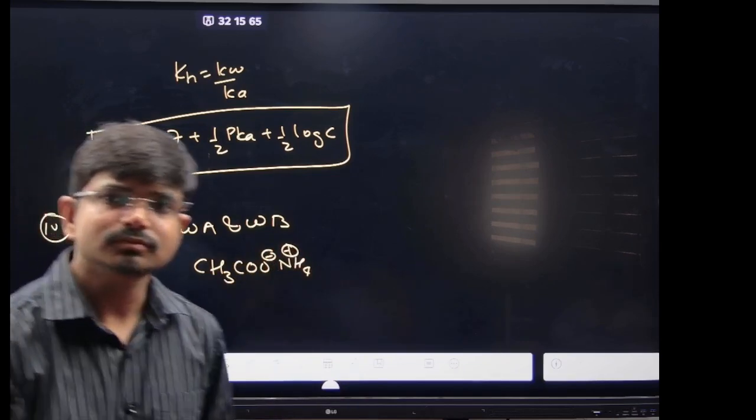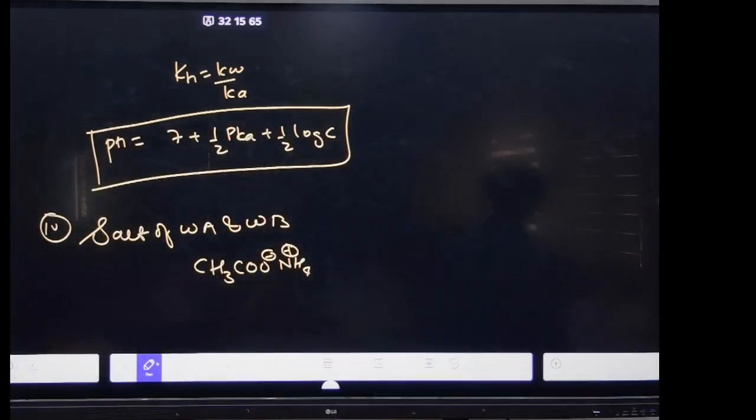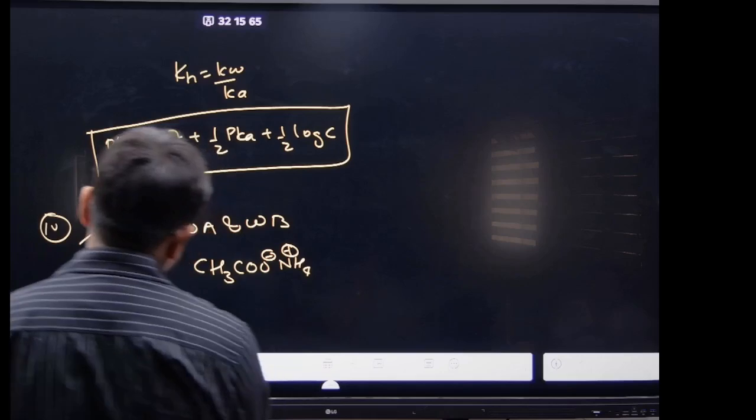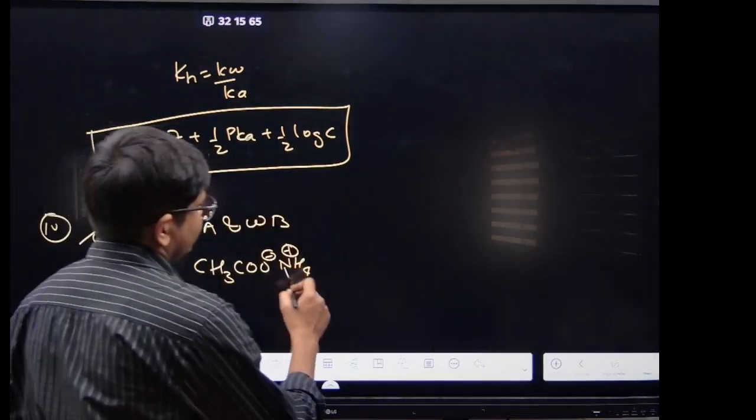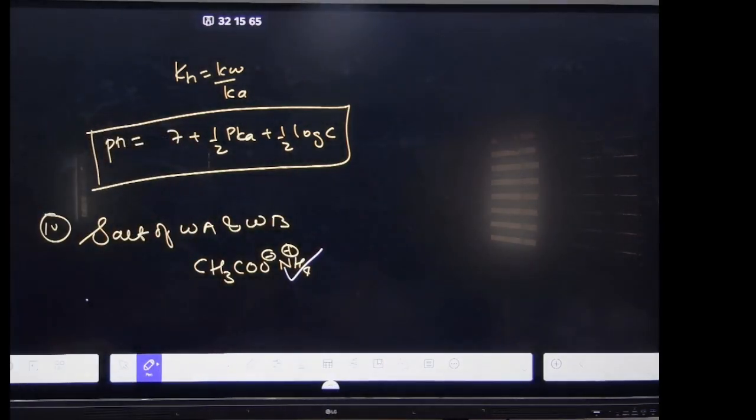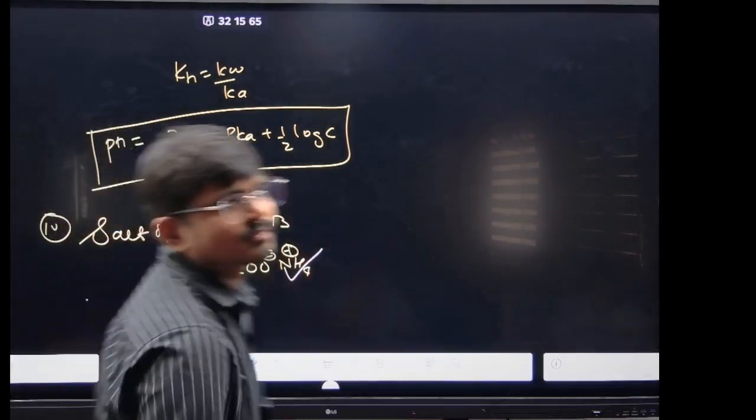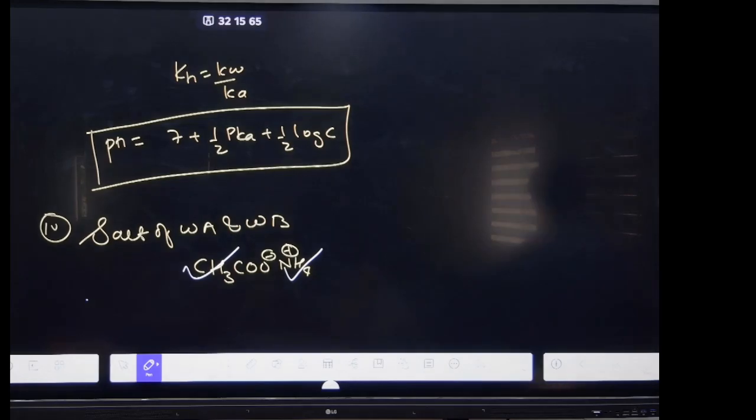Got it? This is the example. See, it is coming from acetic acid plus ammonium hydroxide, and both are क्या? Weak ones. Then in this case, this will also undergo hydrolysis, and this will also undergo hydrolysis. Clear?